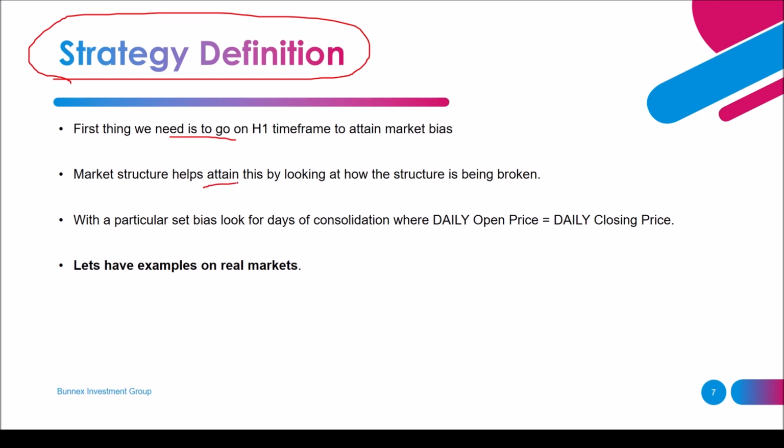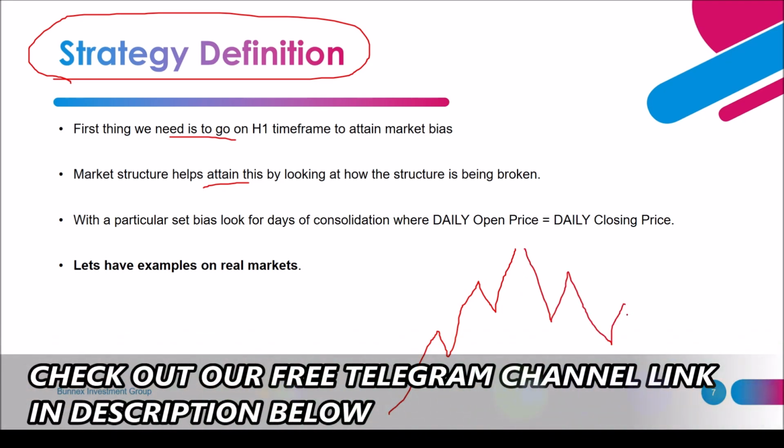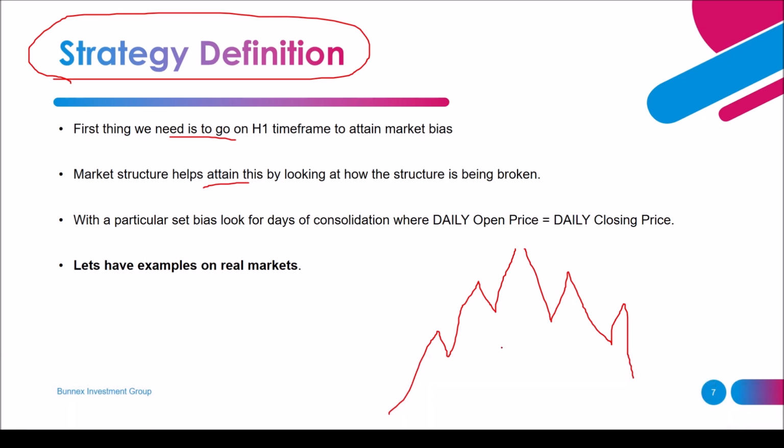Market structure helps us attain this by looking at how structure is being broken, meaning if there is creation of higher highs and higher lows, we are in an upward market context, and vice versa, whereby we have lower lows and lower highs, we are in a downward market context. In that case, we are looking to grab liquidity by hitting stops of buyers in an upward market context or stops of sellers in a downward market context.